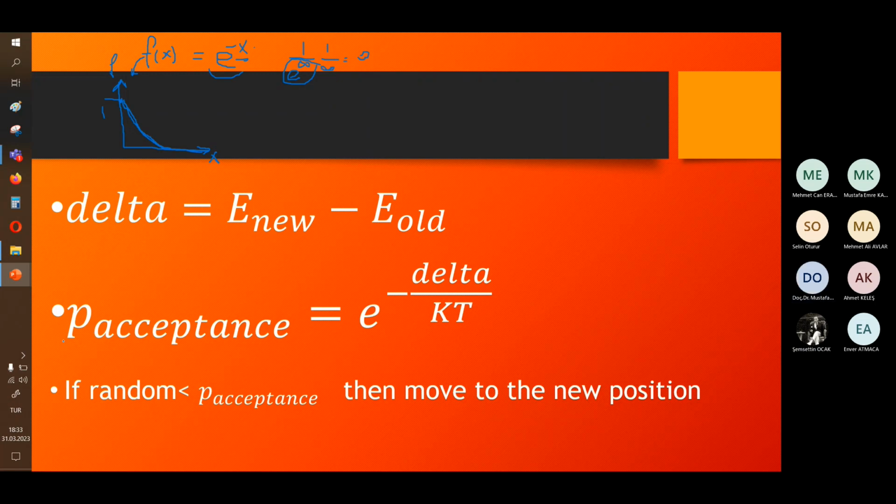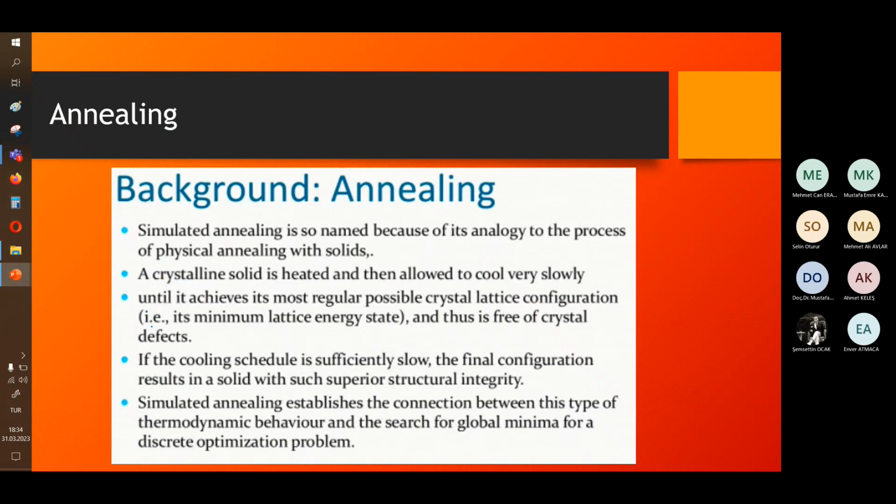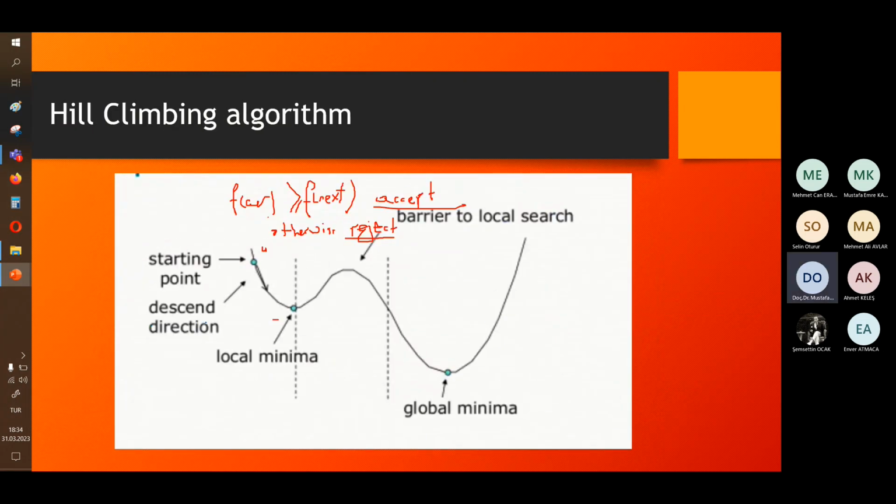Now we have got a value called p acceptance, and I will talk about this later on. Actually, let me talk first. Now, imagine that we are currently here, if I'm talking about simulated annealing.